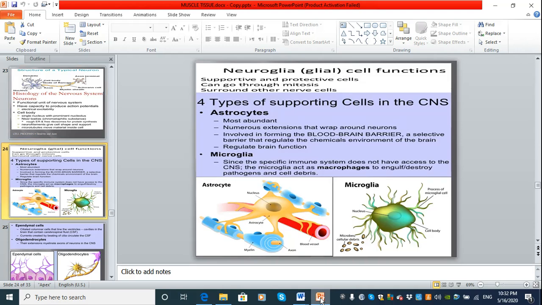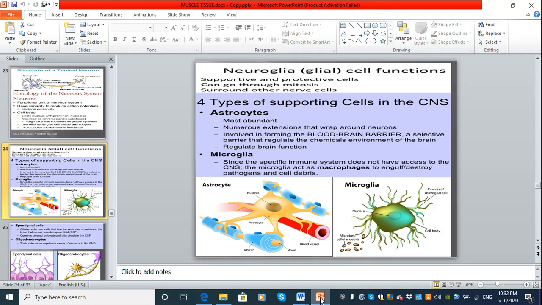The main function of neuroglia is supportive and protective. These cells can go through mitosis and also surround other nerve cells. We have four types of supporting cells in the central nervous system and two types in the peripheral nervous system. For the central nervous system, we have astrocytes.